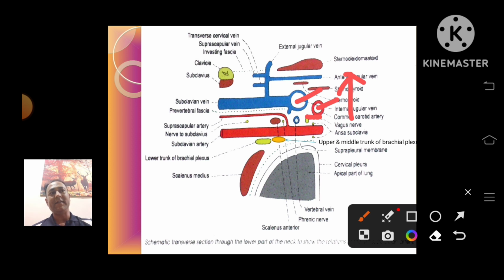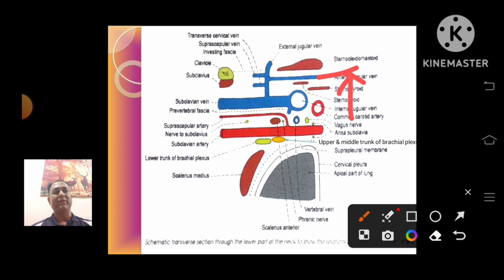Then you can remember this is the sternohyoid muscle, sternothyroid muscle, and sternocleidomastoid muscle. So that way you can remember three muscles, sternothyroid, sternohyoid, sternocleidomastoid, and three contents of the carotid sheath. So that makes it 6 contents for you. Okay. In addition, you can also notice this is the anterior jugular vein.